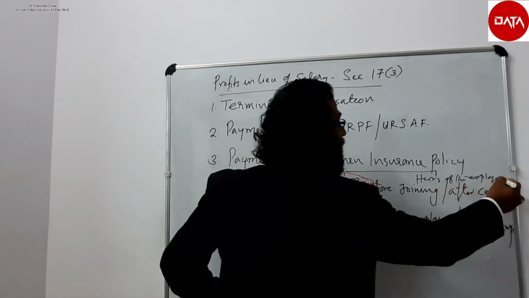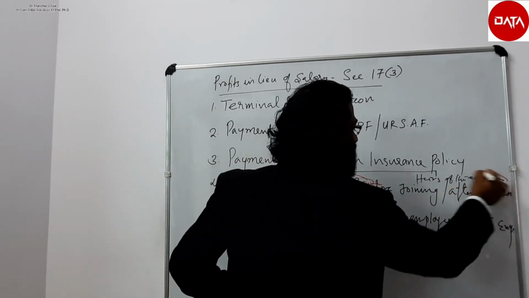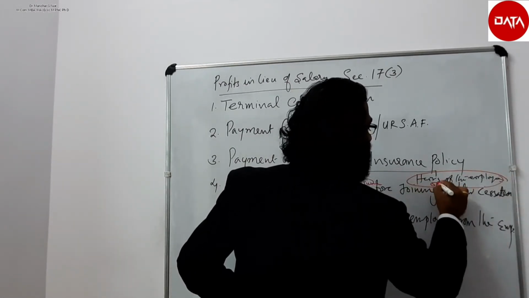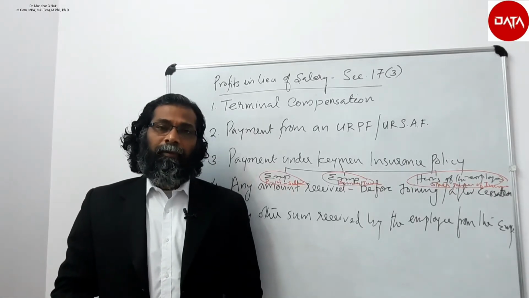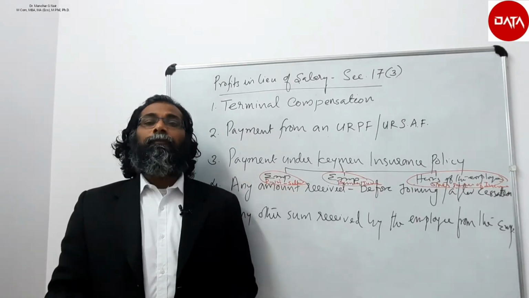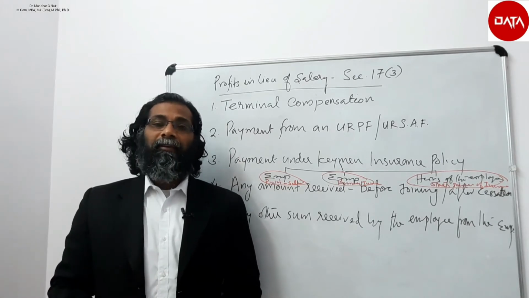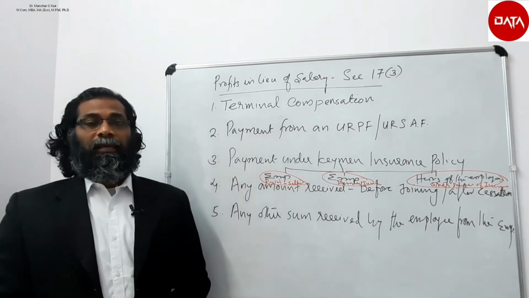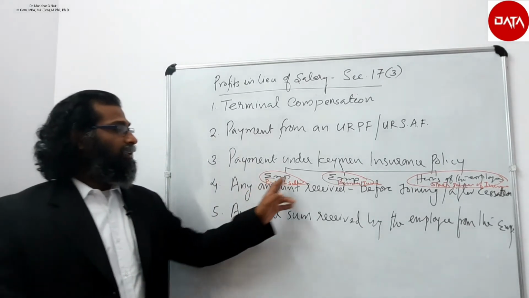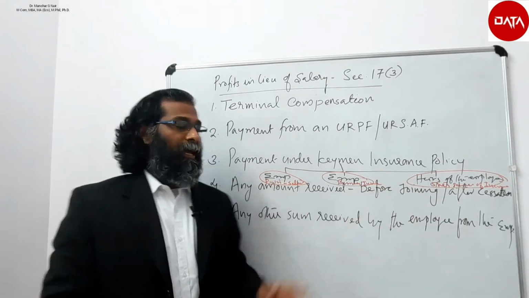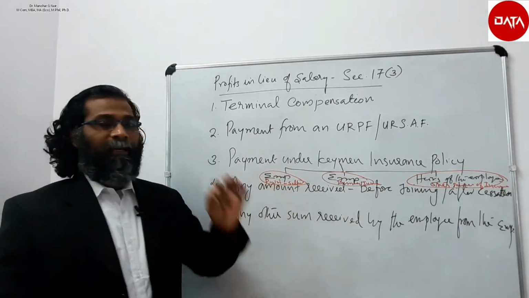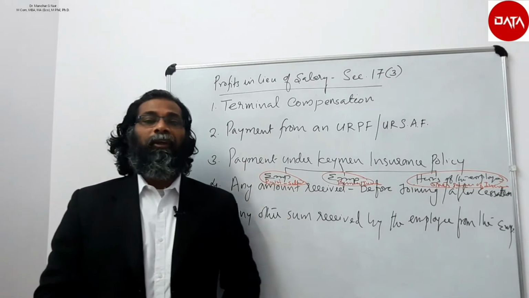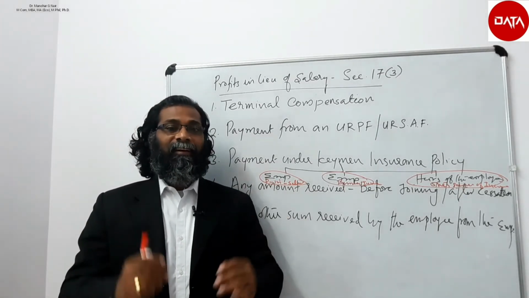If the heirs of the employee get it, then it is said to be income from other sources. It is a policy taken by the employer on the life of the employee who is playing a very important role in the business. At the time of maturity, these three situations may come. And if the employee gets it, it is said to be profit in lieu of salary or treated as salary.